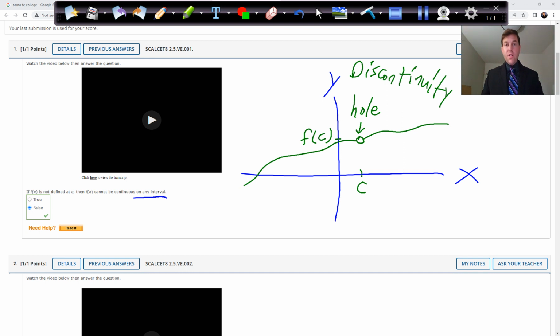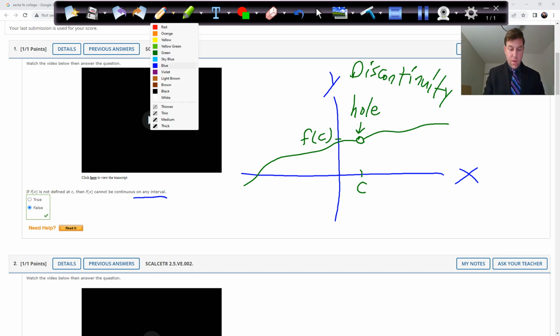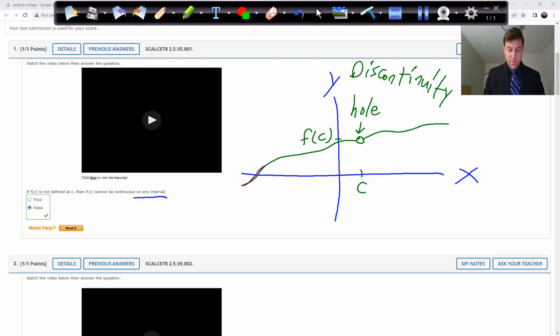But the function is continuous for all other x values other than c. So we could say that the function is continuous all the way back here and then all the way up here. So it's going to go on to infinity. So this one would be false because you can have chunks of your graph that are discontinuous, and that does not mean that the entire graph is discontinuous.